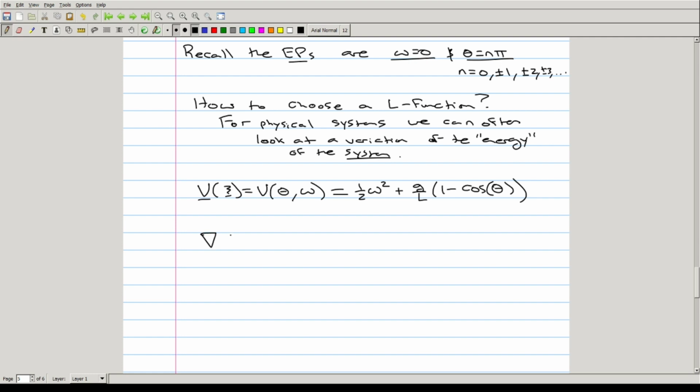The gradient of v in this case, with a vector dv d theta, dv d omega, which is going to be g over L sine theta and just omega.